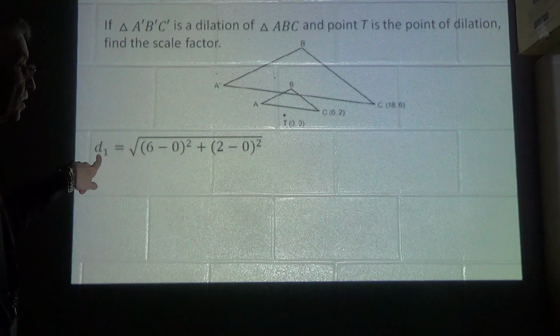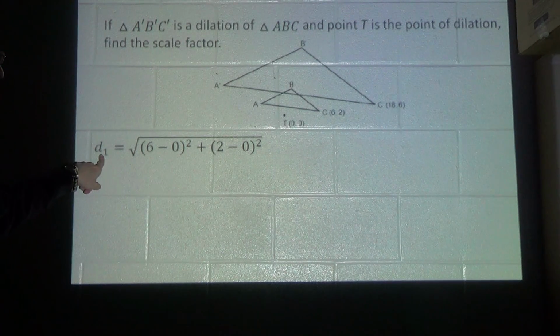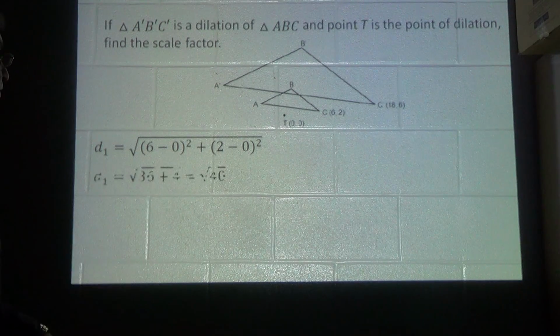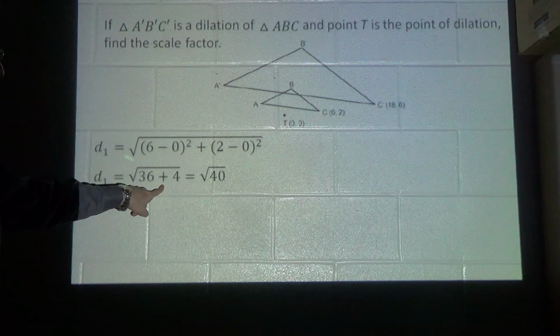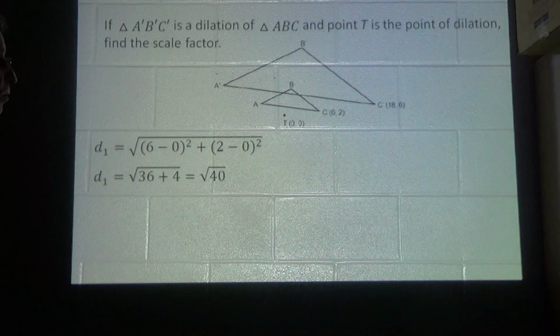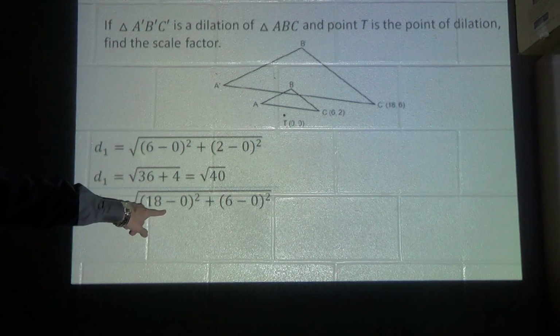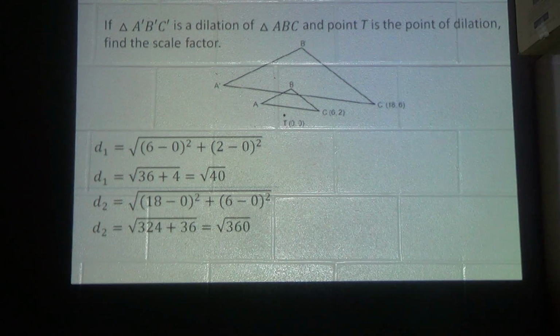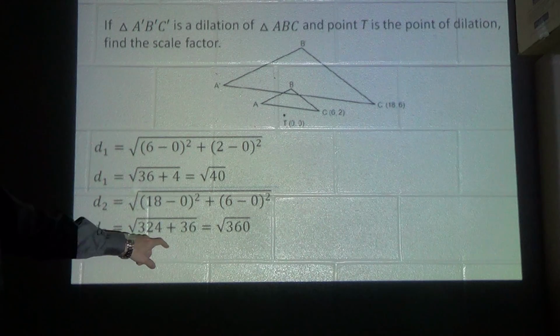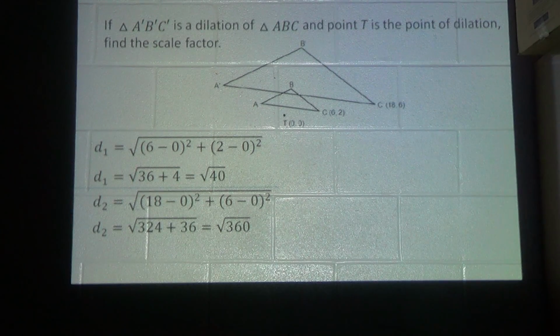Okay, so that's what they're actually doing here. They're finding the distance using the distance formula. So this is going to give us 36 plus 4, the square root of that, so it's the square root of 40. Then we look at this: 18 minus 0 squared, 6 minus 0 squared, which is the square root of 360. So the scale factor is going to be D1 to D2.